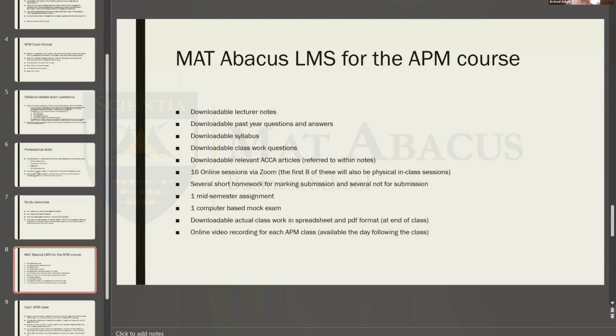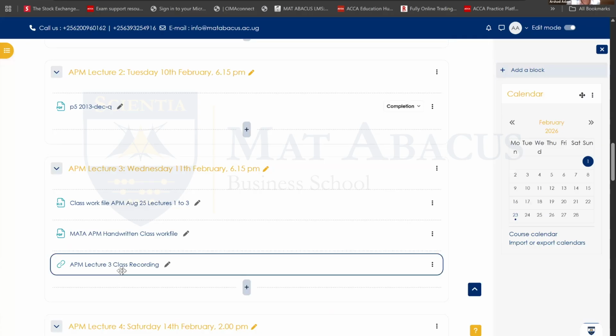What the IT team of MAT Abacus will do, this is not my responsibility, is the next day they will upload the link. There's a link here. So you come to the LMS, you click, and it will open up and start playing. If the class is 2.5 hours, it will play for 2.5 hours.